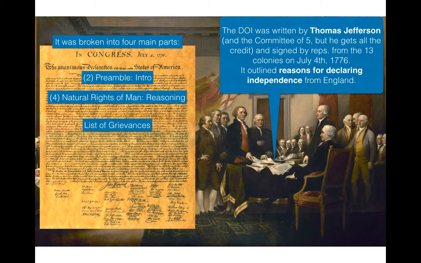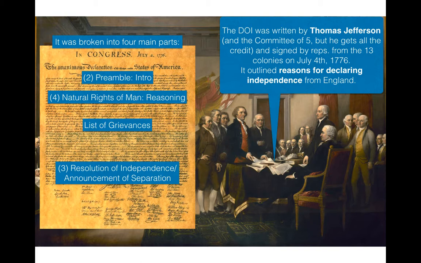He took away our right to self-government, and he quartered soldiers in our homes, and he's just an overall bad guy. And then finally, our conclusion, our resolution of independence and announcement of separation: hey, we're starting our own thing now. Don't you worry about us. But most of it is complaints about the king and lists of very specific actions that the king took against the colonies.